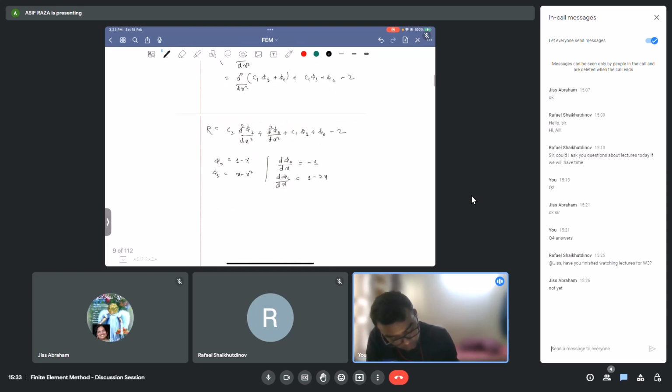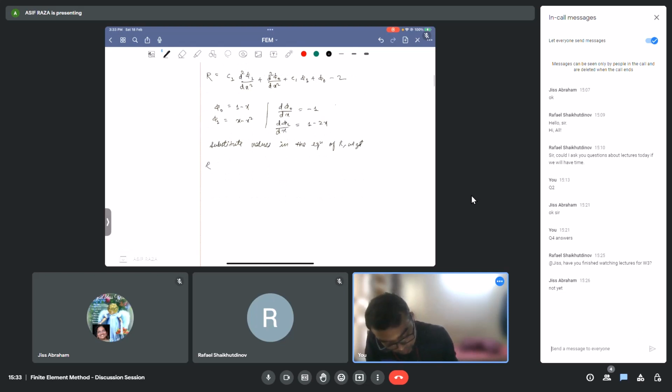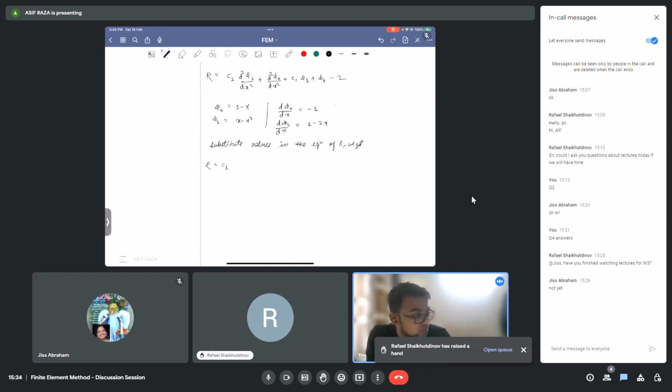Now substitute the values in the equation of residue. R equal to c1, we need the second derivative.